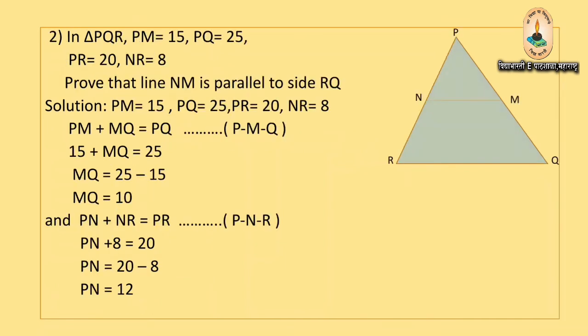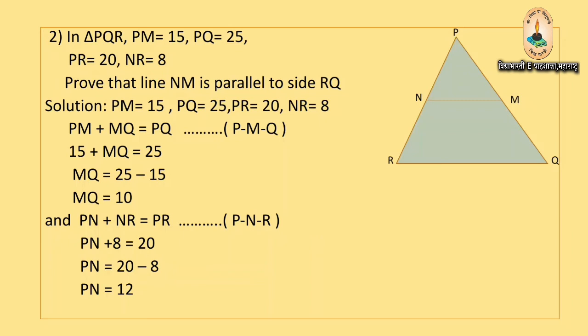The next example is in triangle PQR, PM is equal to 15, PQ is equal to 25, PR is equal to 20, and NR is equal to 8. Prove that line NM is parallel to side RQ.